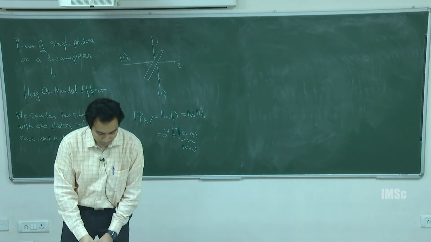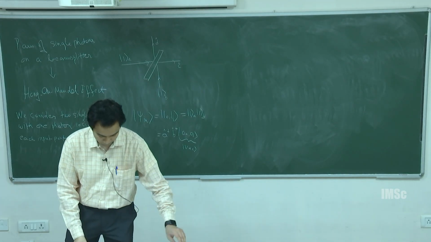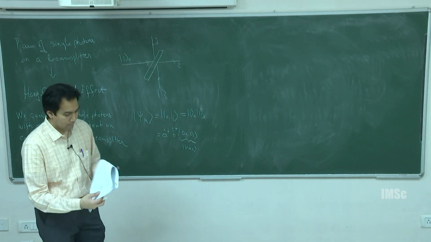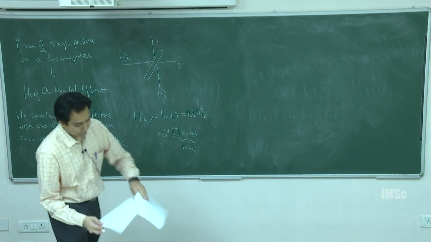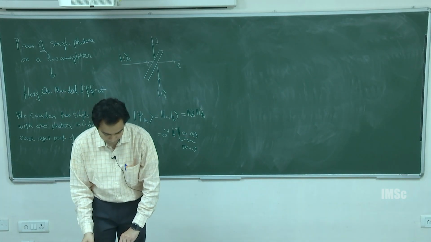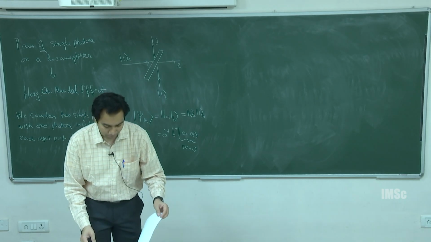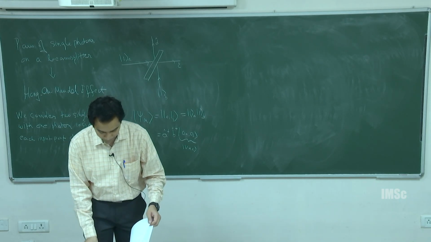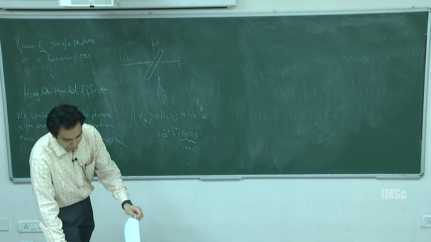And we assume that the beam splitter is 50-50, but we will impose the condition that the beam splitter is 50-50 a little later.